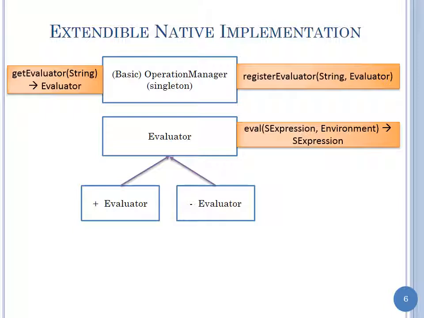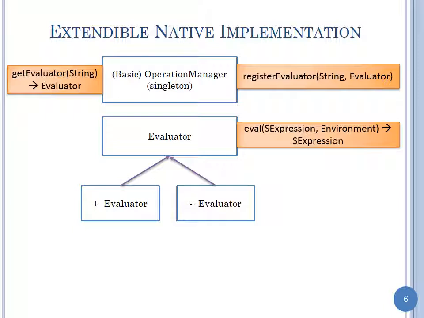So who will call get evaluator? Somewhere somebody has to call get evaluator, right? And invoke the eval method on it. What object is going to call the get evaluator? The S expression object itself. So the user typed an S expression.